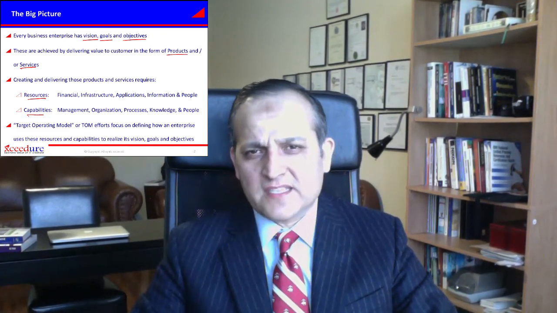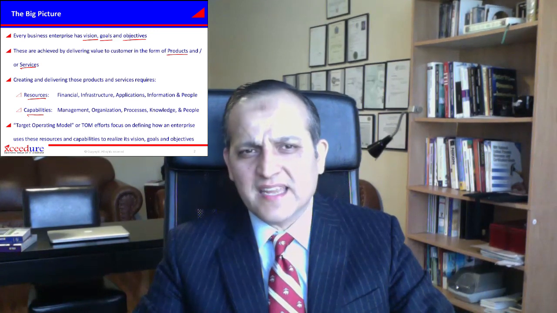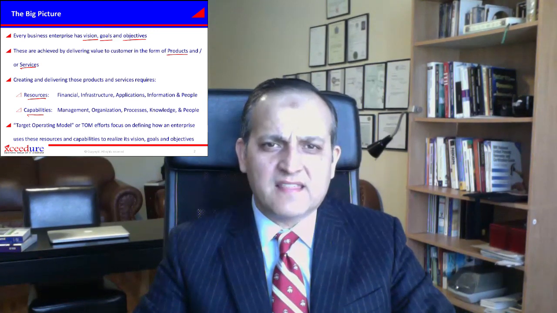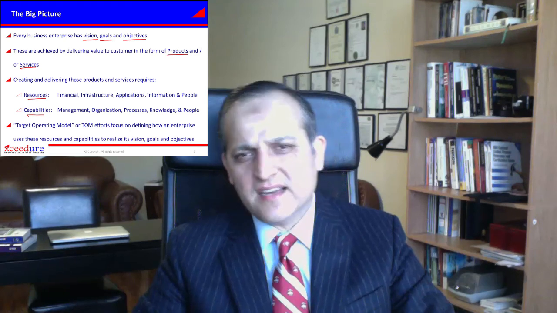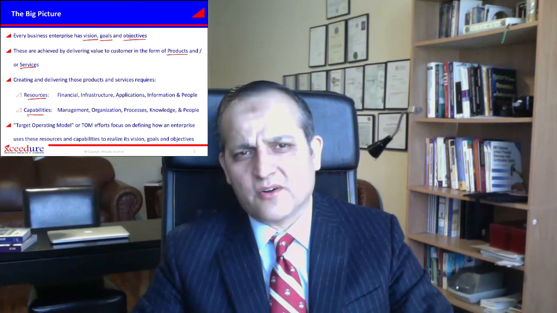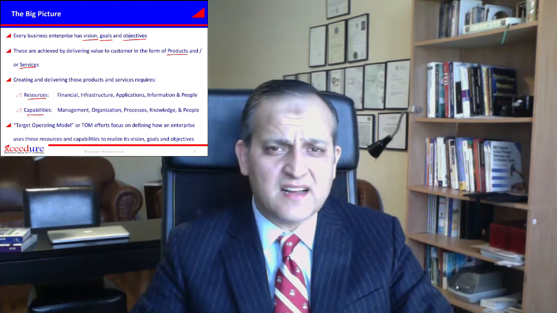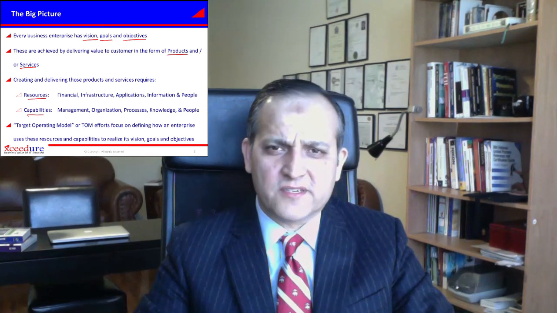Business enterprises need to define what specific resources and capabilities they will need in order to ensure that they are able to create and deliver the products and or services and generate the desired value for their customers.